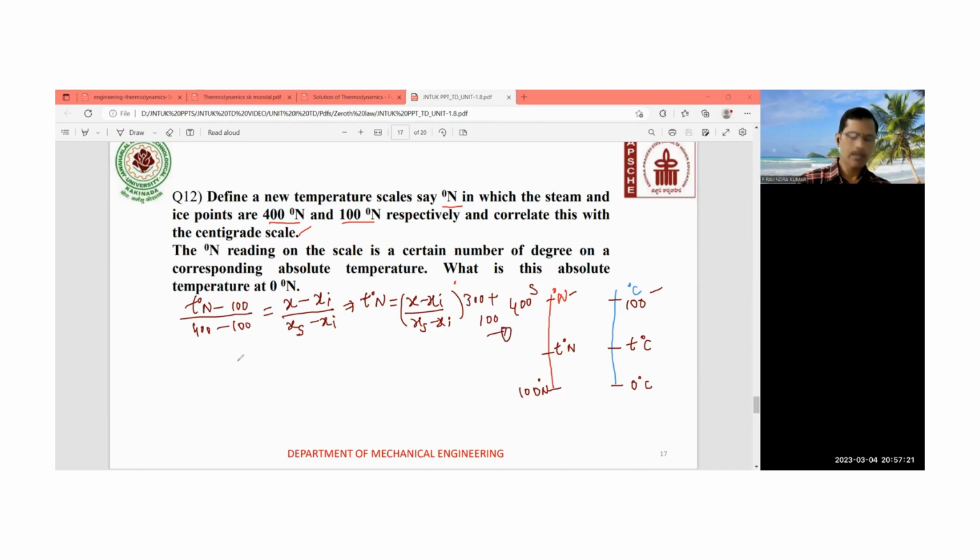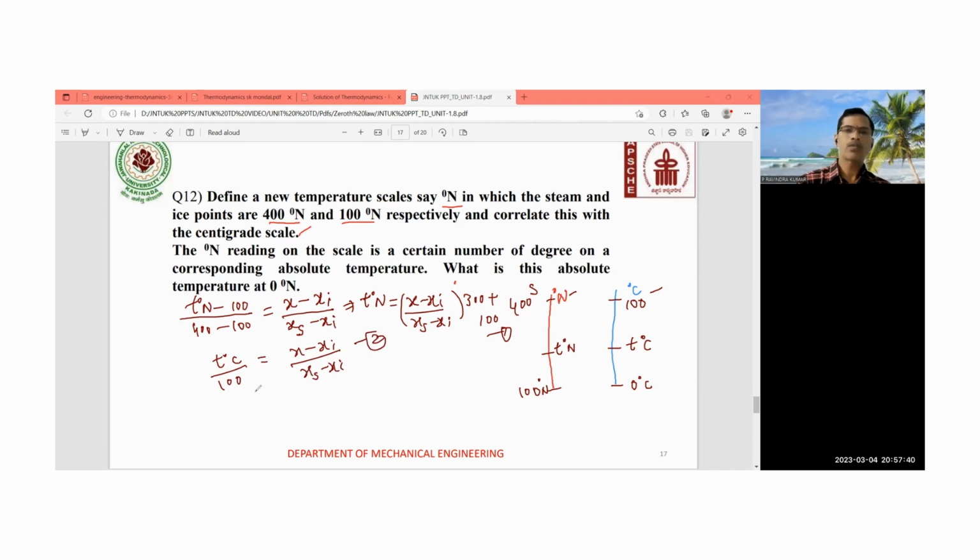And the second equation, that is T degree centigrade. T degree centigrade divided by 100 is equal to X minus Xi divided by Xs minus Xi. So this is the second equation.